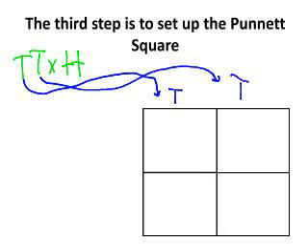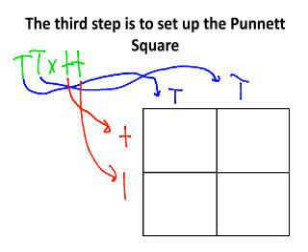So the father's alleles, capital T, get written above the columns. The mother's alleles get written down the left side, so that her first allele is lowercase t. Her second allele is still lowercase t. Cross that off there.